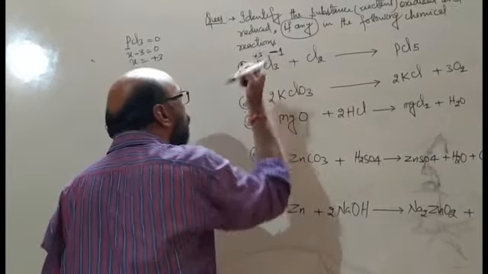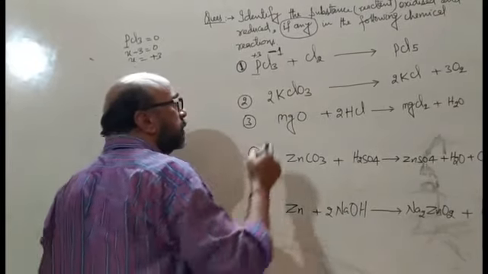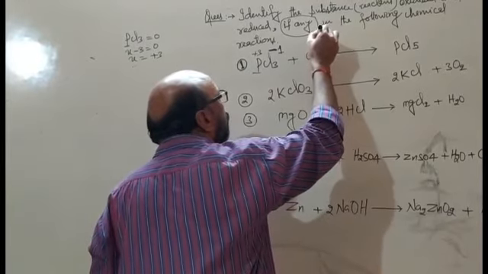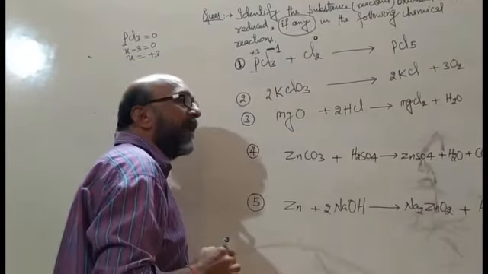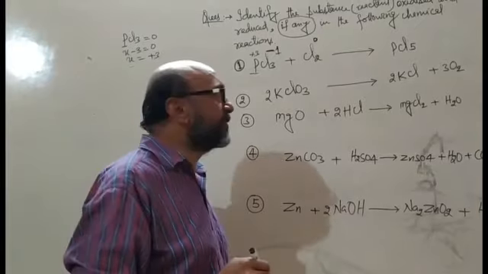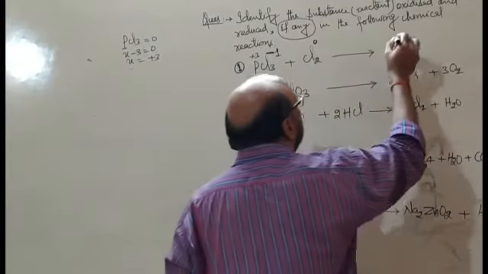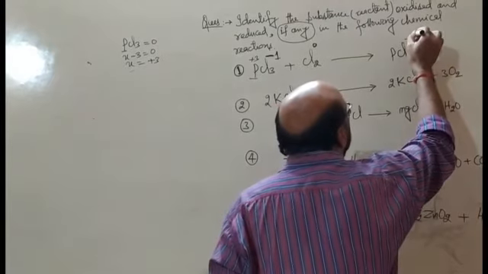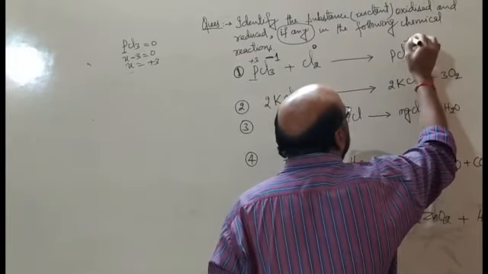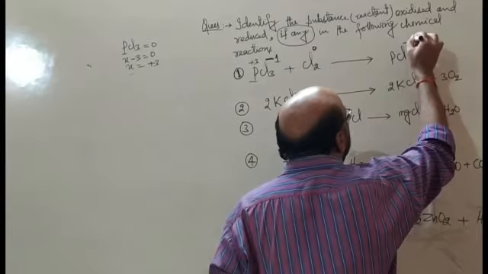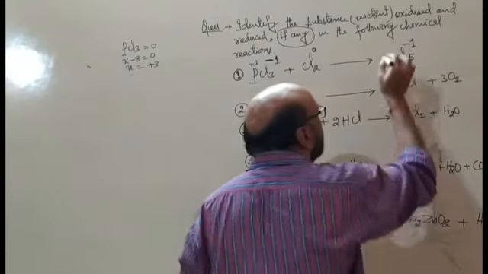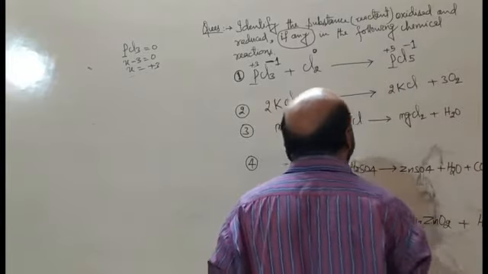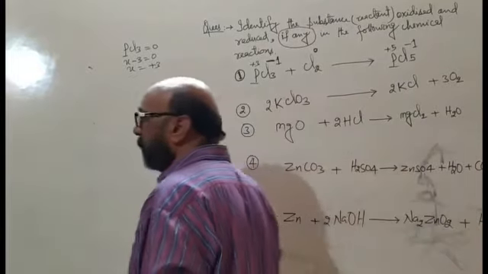We have plus 3 oxidation state of phosphorus here, and chlorine Cl2 is in uncombined state, means in free state, therefore oxidation state of chlorine is 0, and here the oxidation state of chlorine, again it is chloride, phosphorus pentachloride, minus 1, therefore the oxidation state of phosphorus will be plus 5.